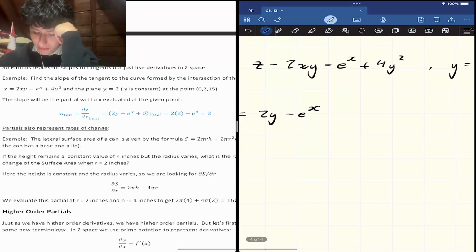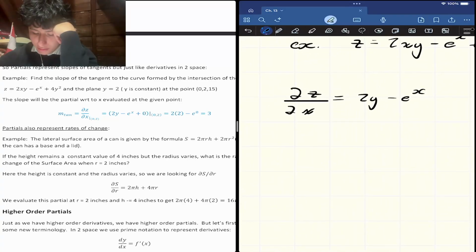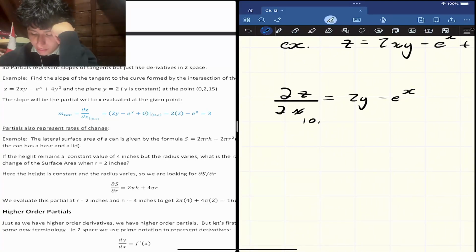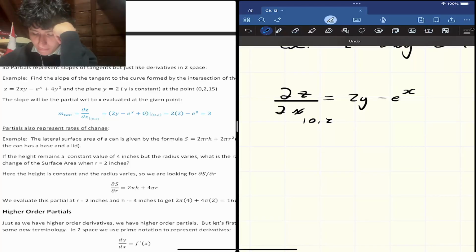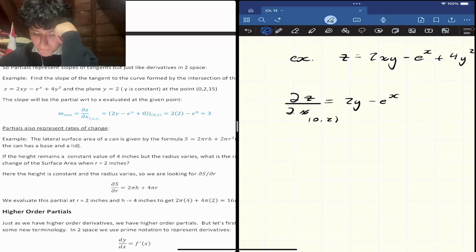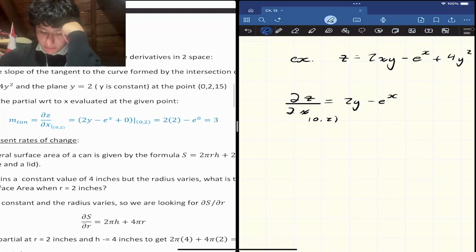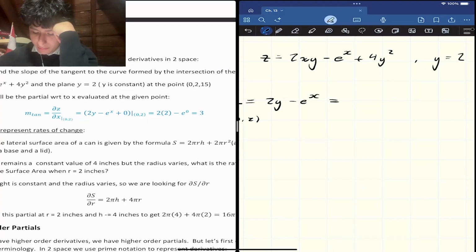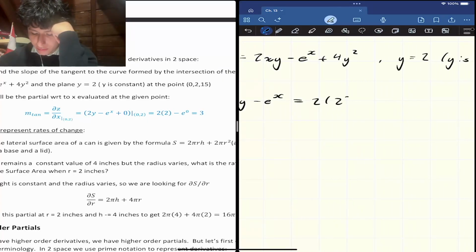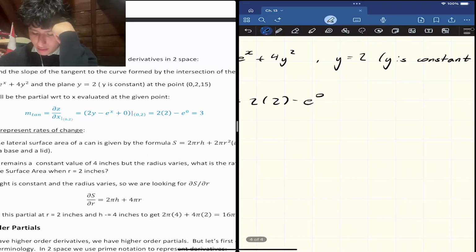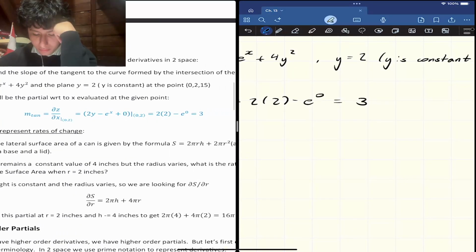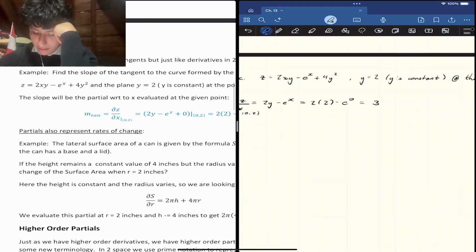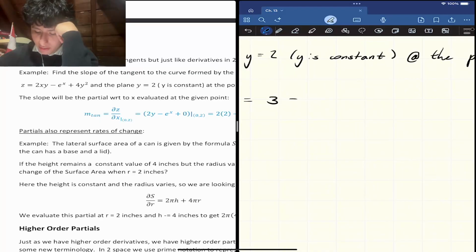Then we're going to be evaluating at that point 0, 2, because it's literally giving us the point we have to find it at. So when we plug this in, we get 2 times 2 minus e to the naught, so that'd just be 3. So that 3 would be the slope of that tangent.